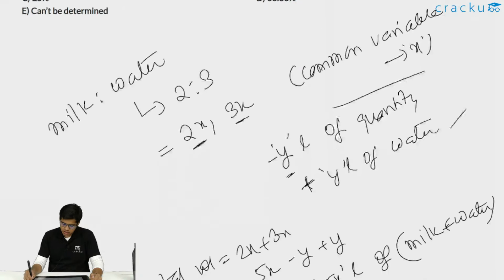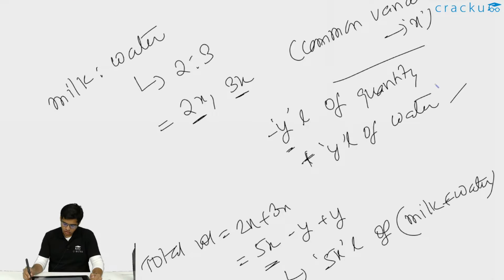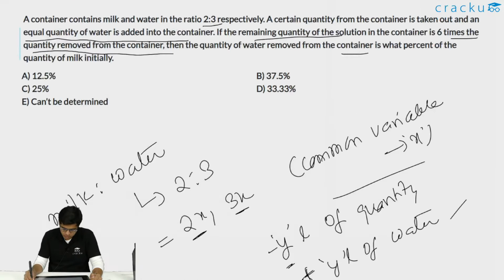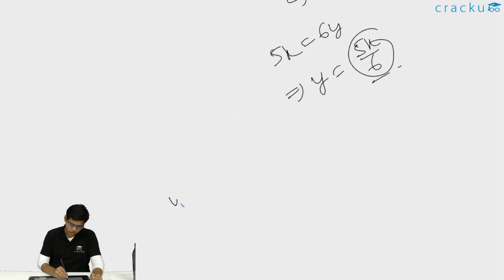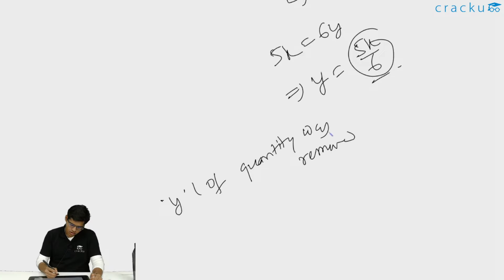Now I see y liters of the quantity was removed. Y liters means 5x by 6 liters quantity was removed.